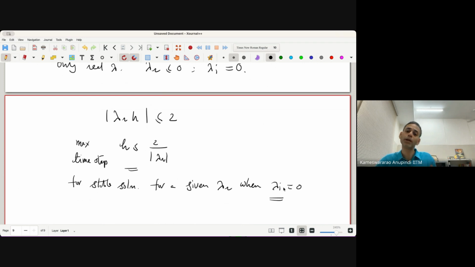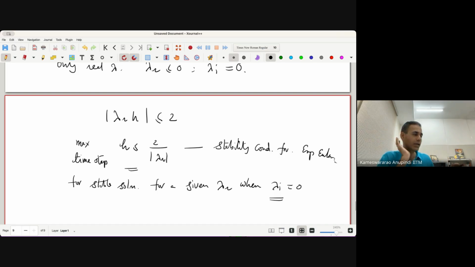That means if you have purely real values of lambda, the maximum time step you can take is h less than or equal to 2 by modulus of lambda r. Okay, so this is the stability condition for the explicit Euler method, but it is only valid for lambda r negative and lambda I equal to 0.